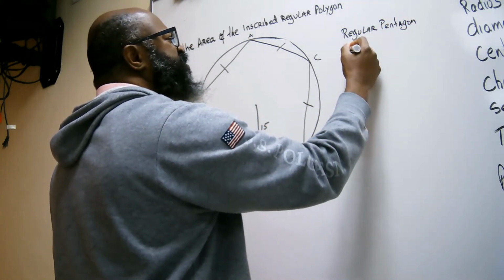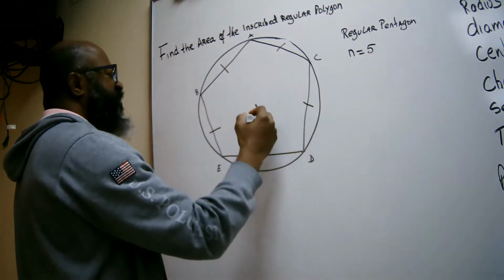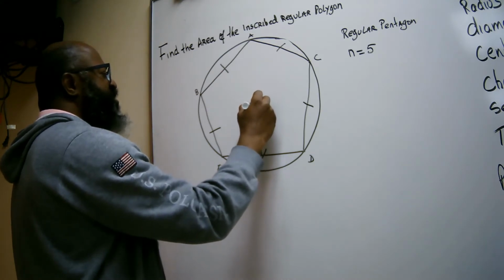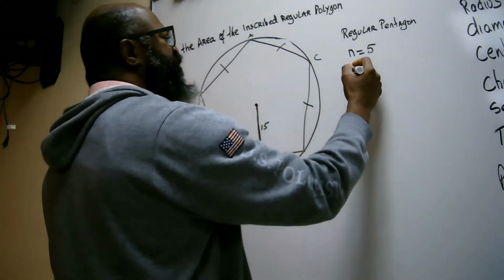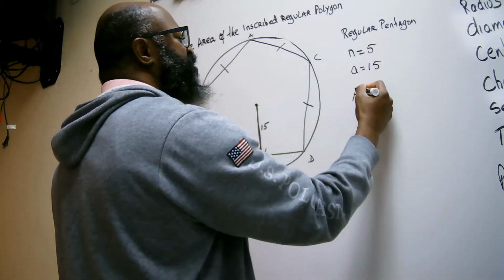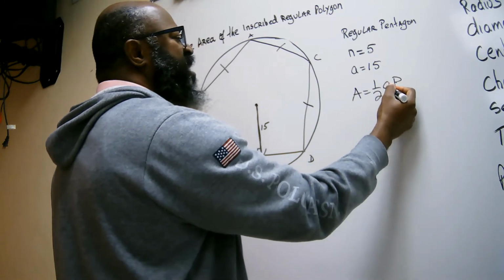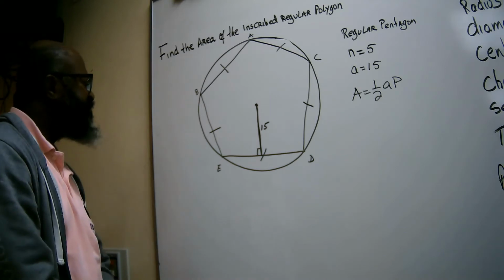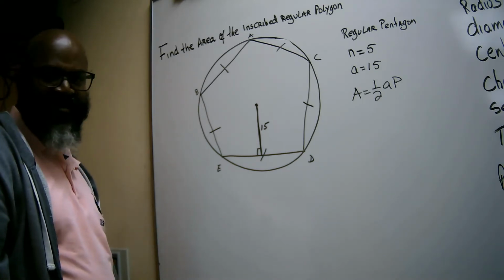In this case, we know the number of sides is 5, and this is from the center of the circle, perpendicular to one of the sides, and we know the hypotenuse is 15. Remember, area equals 1/2 a p, where a is the apothem and p is the perimeter. So we need to find one side of the triangle so we can find the perimeter, then we can find the area.